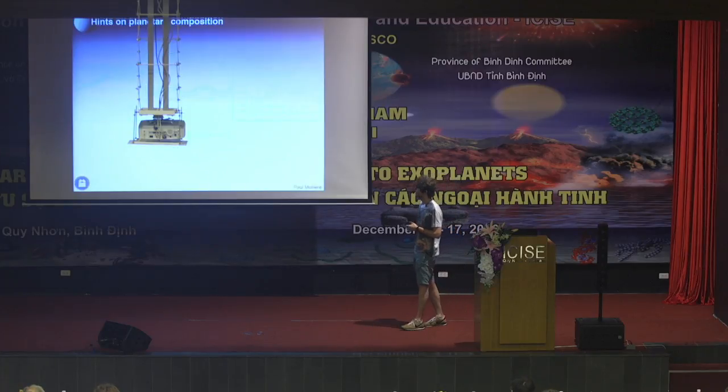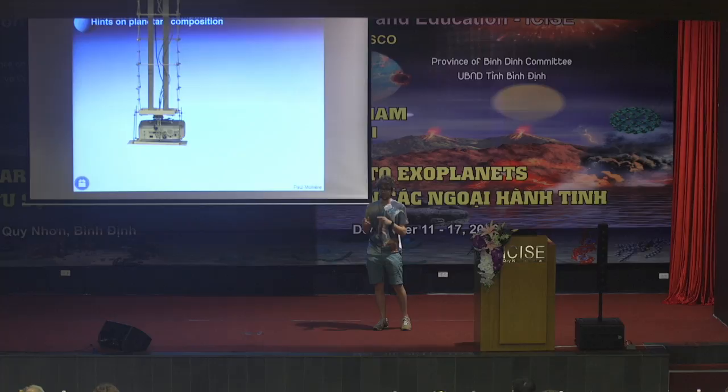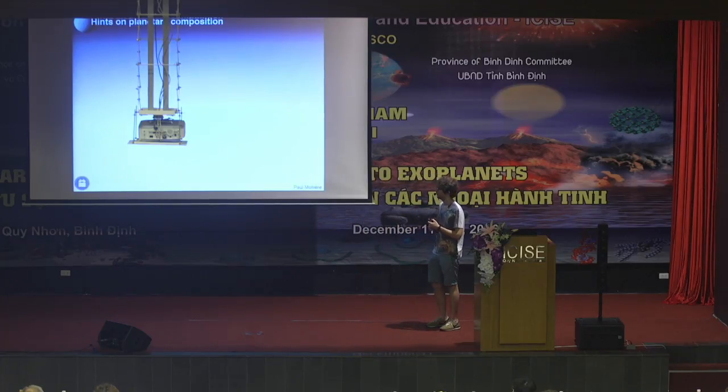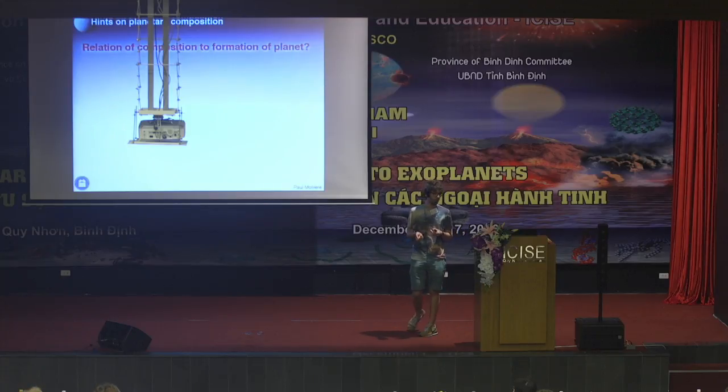And I want to remind you, but that was luckily already done quite extensively by the earlier speakers, if you want to try and connect the composition of the planet to how it formed. First, how do we find out what the composition of a planet is? There are a couple of ways that we can use from observations.